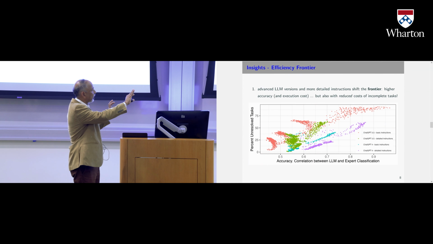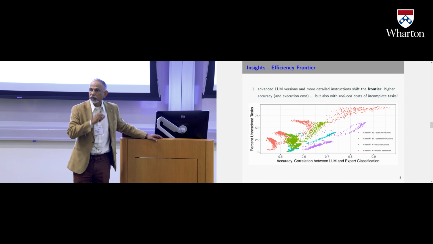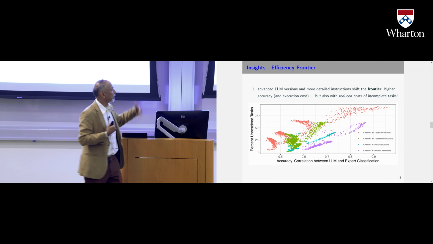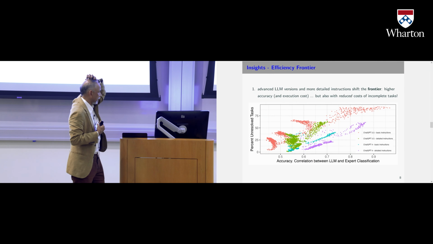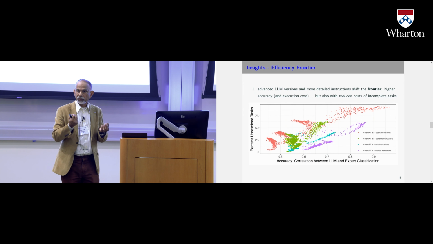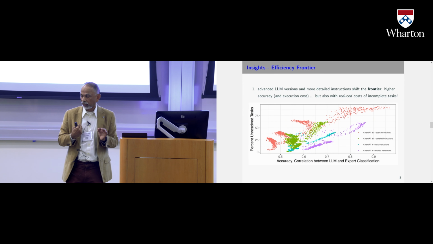So that's straightforward. But the question is, among the different four variations that we have, the colors, what's the trade-off between accuracy and cost? And one thing you can see here is in our experiments that as you go to ChatGPT 4, which is the purple and the blue, you're able to achieve higher accuracy at lower cost of unresolved tasks.